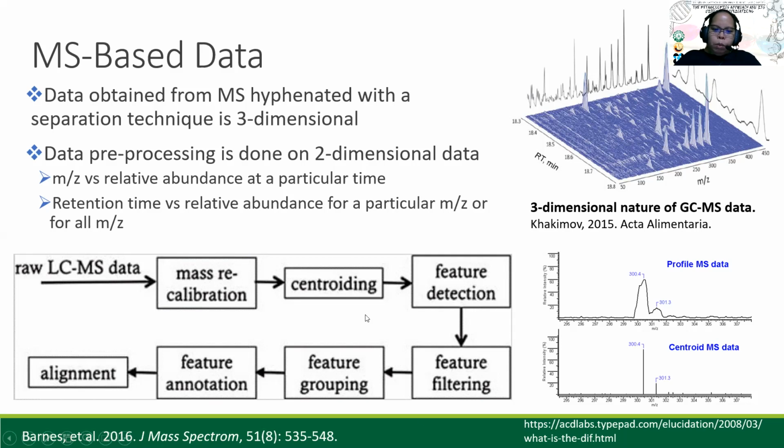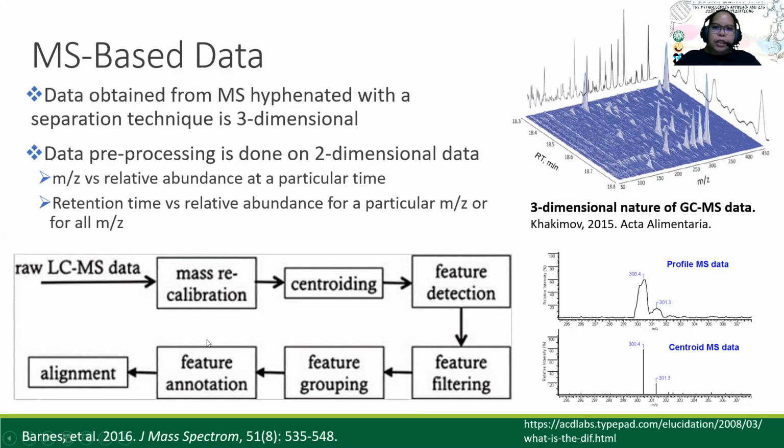Feature grouping will be more to group similar or similarly behaving ions for a particular retention time. So those that correspond to the same metabolite, but are, for example, neutral loss, or are different adducts, will be grouped accordingly.